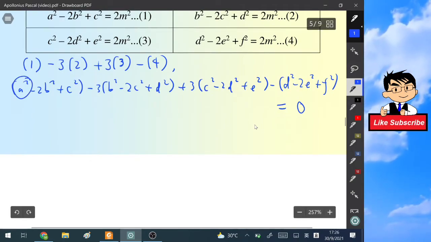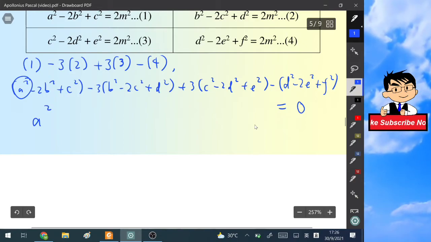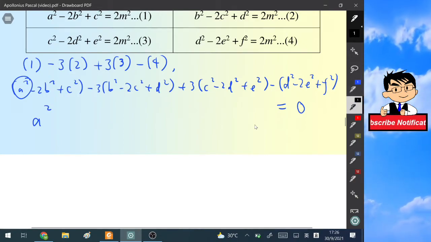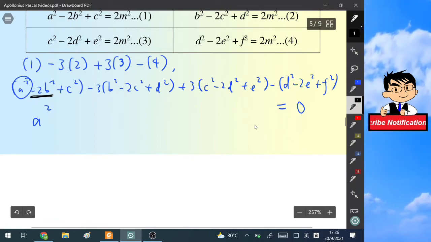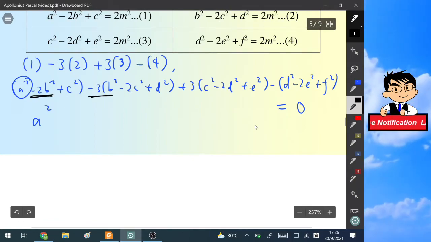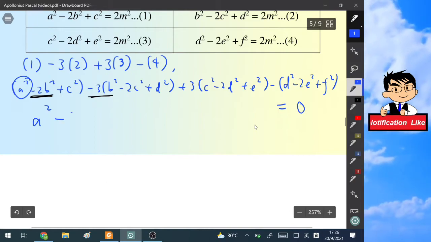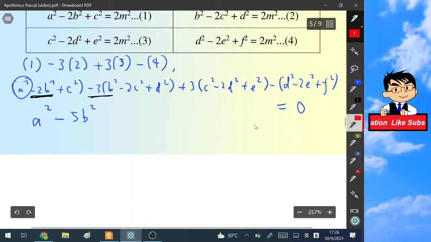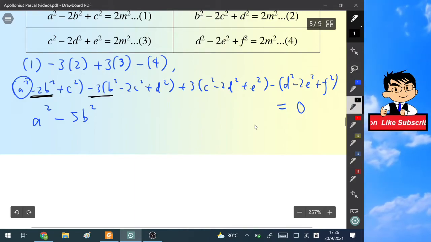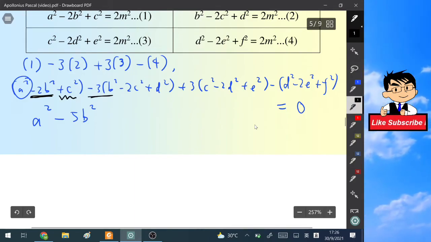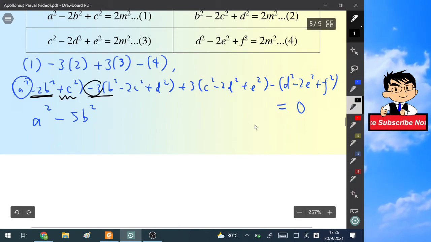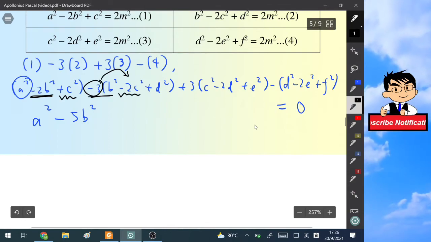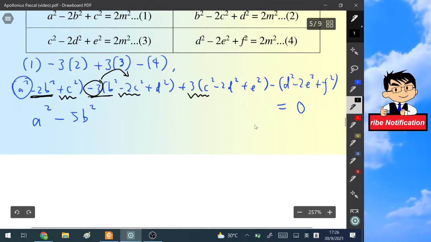And for the a squared, it is still here, a squared. And then for the b squared term, we have negative 2b squared, negative 3b squared. So we have negative 5b squared in total. And then for the c terms, we have c squared, and then we have minus 3 times negative 2c squared, and then we have plus 3c squared.